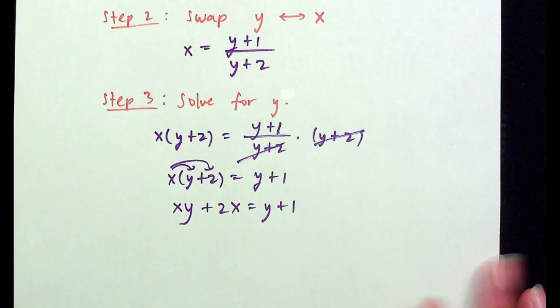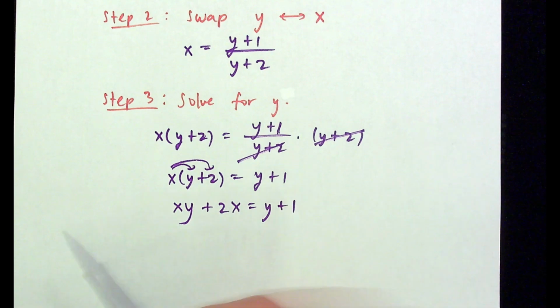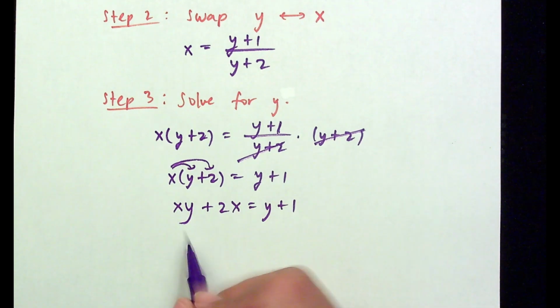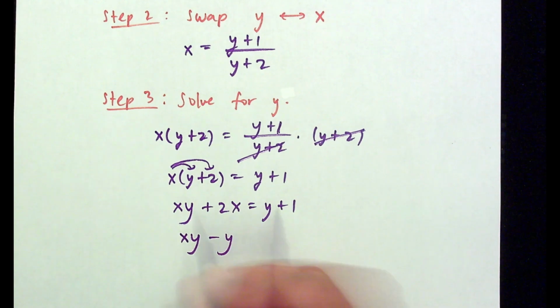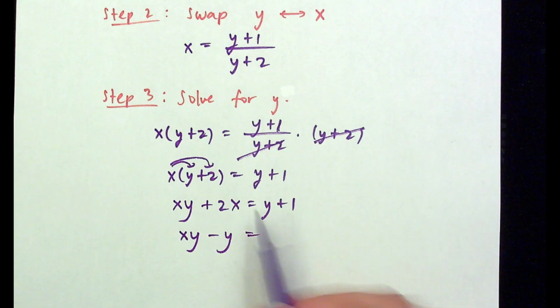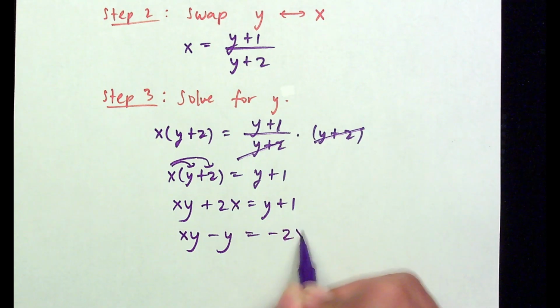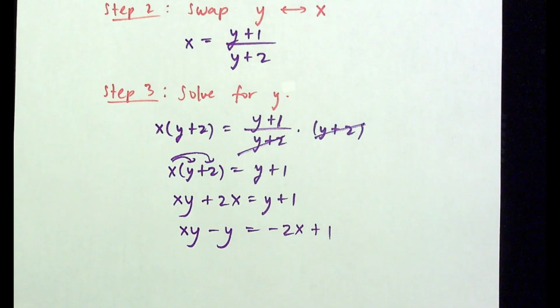Now I'm going to move all the y's to the left, so I move this y to the left and get xy minus y. And I move the 2x to the right. We get negative 2x plus 1.